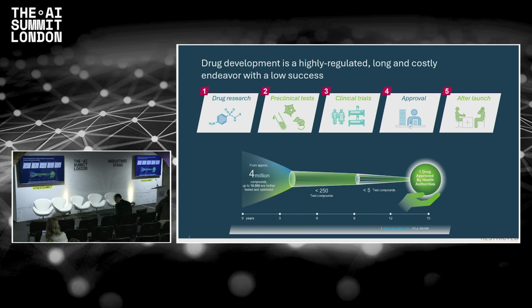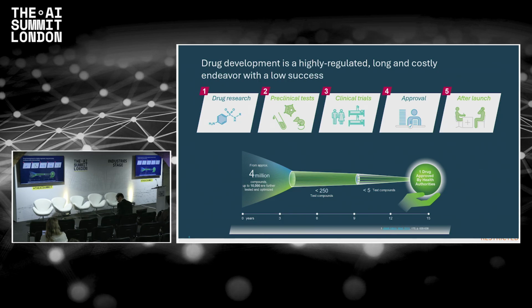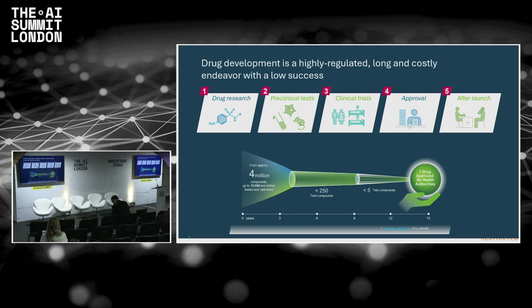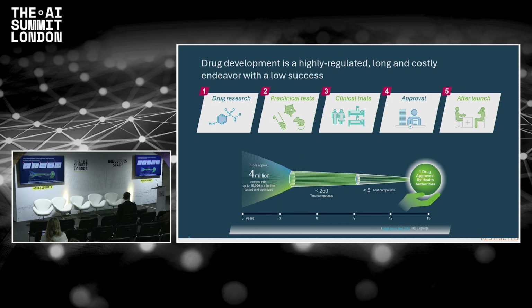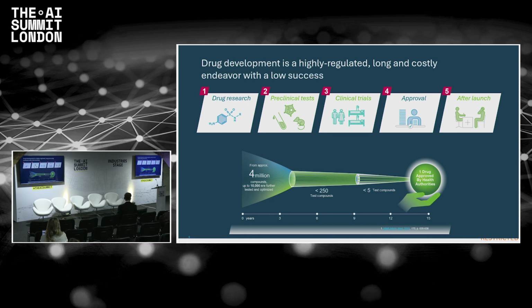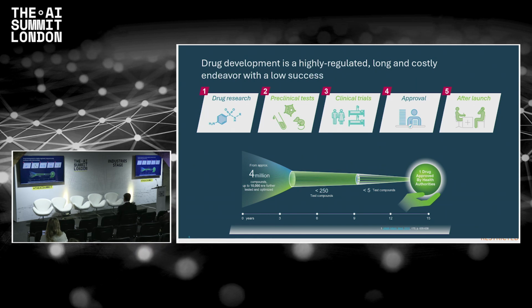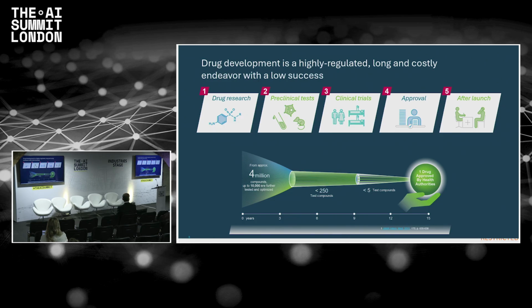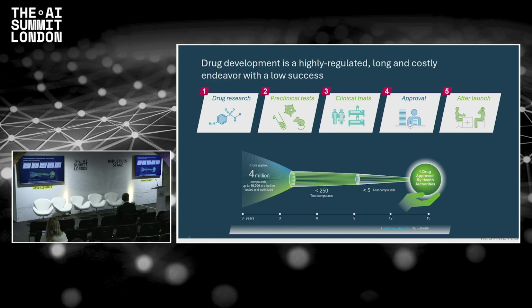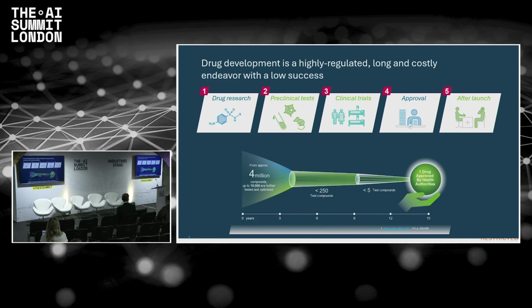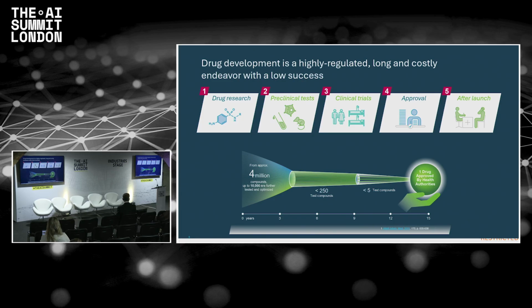Now we start with 4 million compounds at the lab, compounds meaning chemicals. From 4 million, only 10,000 move to the next stage. Out of 10,000, only 250 molecules move to the preclinical tests.